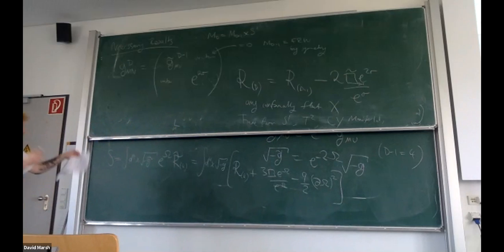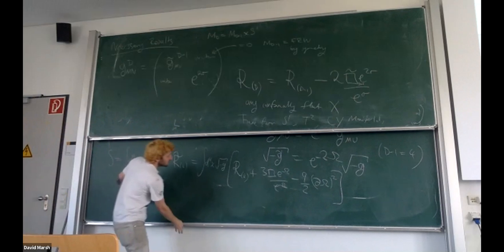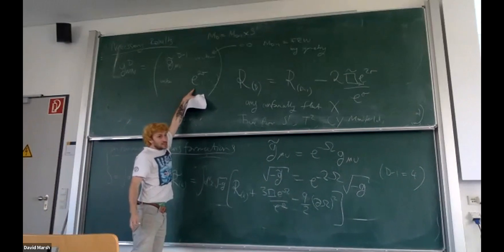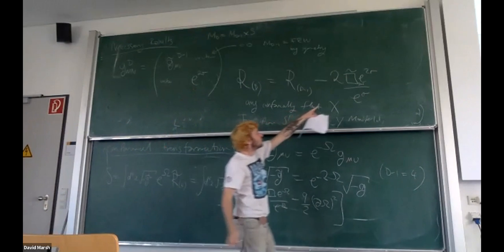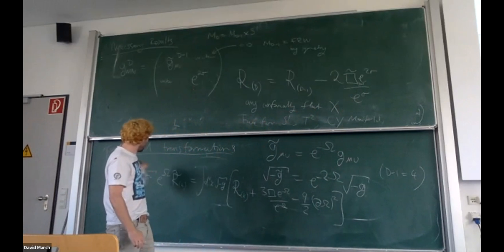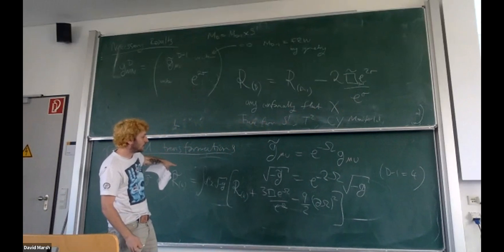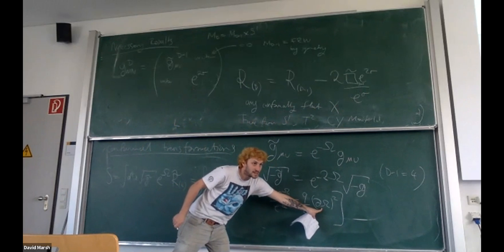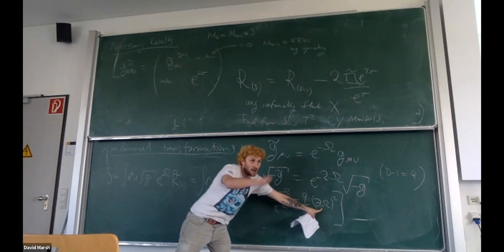So you should be seeing where the story is going to go here. This is why I've written it in this form e to the 2 sigma. We get these nice changes to the Ricci scalar, but we can absorb lots of what happens in conformal transformations and end up with kinetic terms for whatever we have to make the conformal transformation with. So this is where we're going.